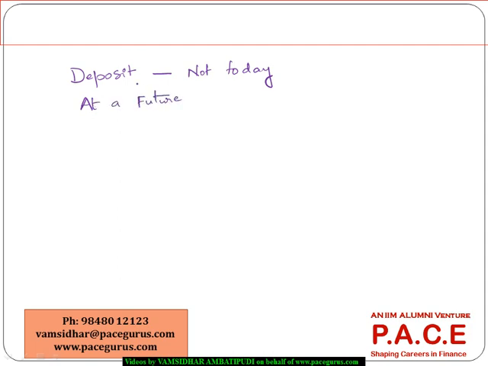Probably I'm going to deposit $1,000 after 1 year, and the interest rate would be 8% per year, and I want to withdraw it after 3 years.